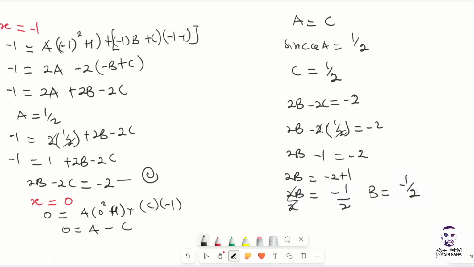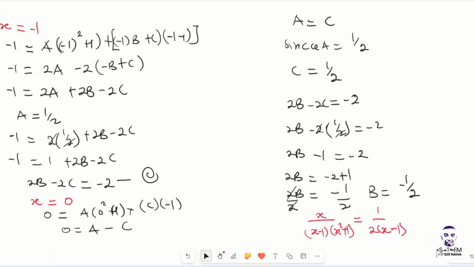So now we have our a, we have our c, and we have our b. Now we can rewrite the expression in partial fraction form. That will be x over (x minus 1)(x² plus 1) equal to, we see that a is half, so we have 1 over 2(x minus 1).